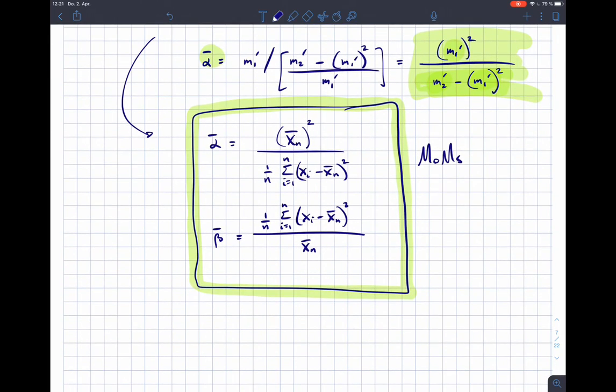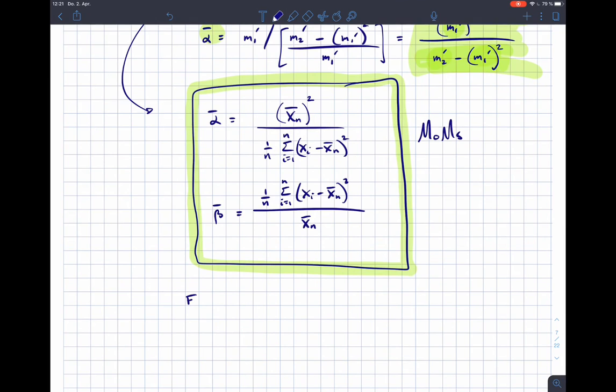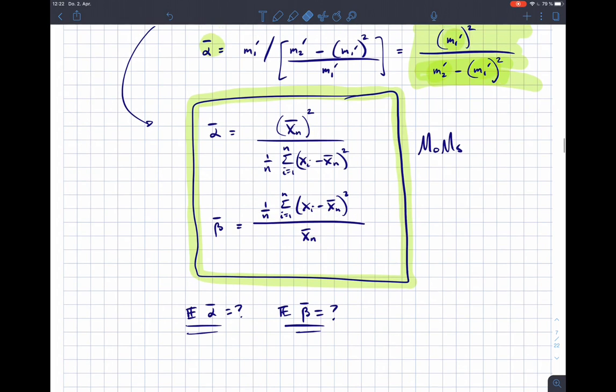Well, so I don't even want to begin to compute the expected values of these estimators. That would be really, really hard because we're dealing with a ratio of things of which we don't really know the distribution well. So let's not even think about doing that.